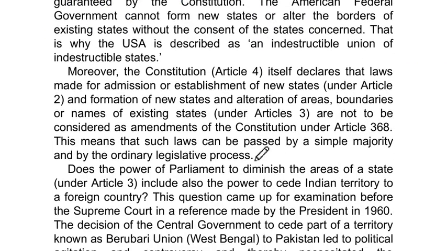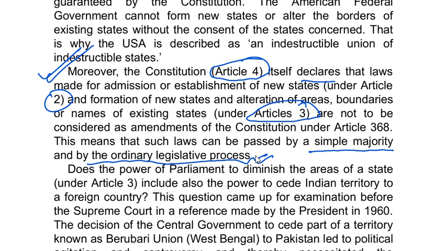Now, Article 4. Last article of Part 1 of the Indian Constitution. Article 4 itself declares that, simply it means that if anything can be done using Article 2 or Article 3, that can be done by just a simple majority and the ordinary legislative procedure.